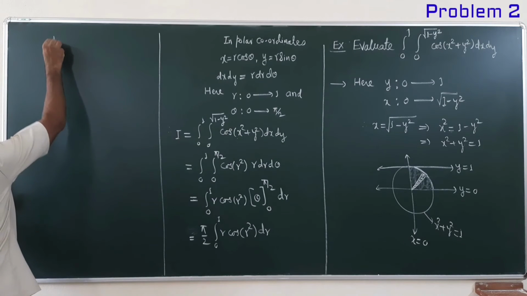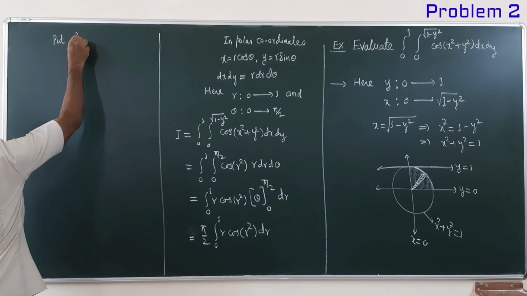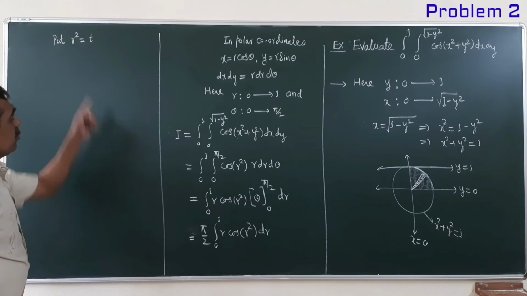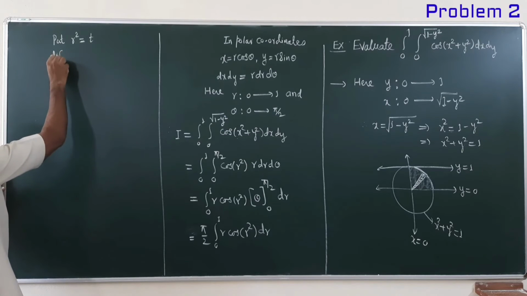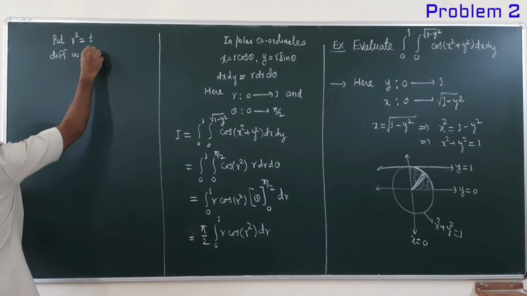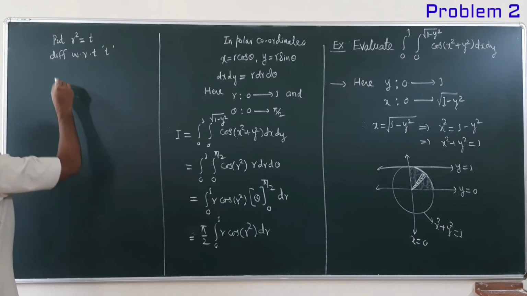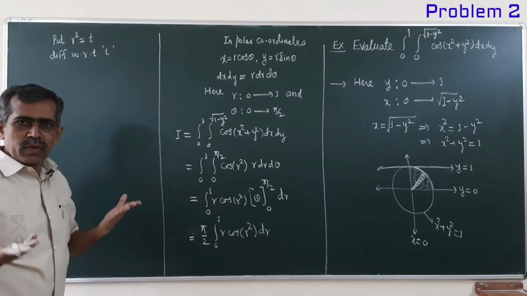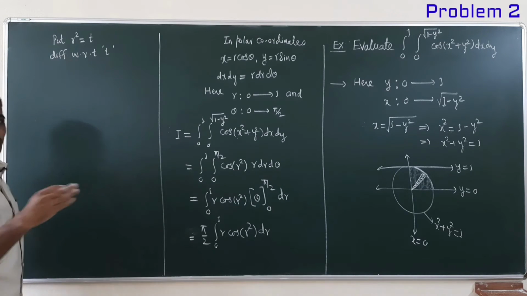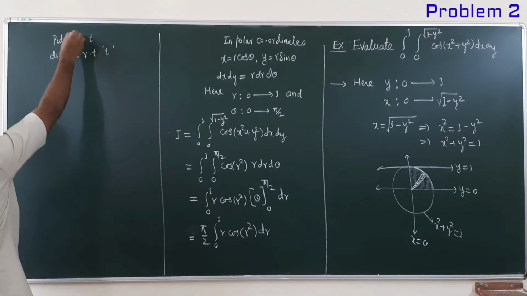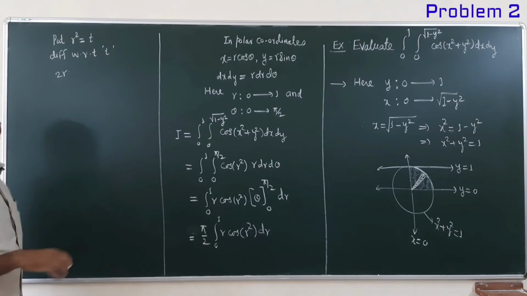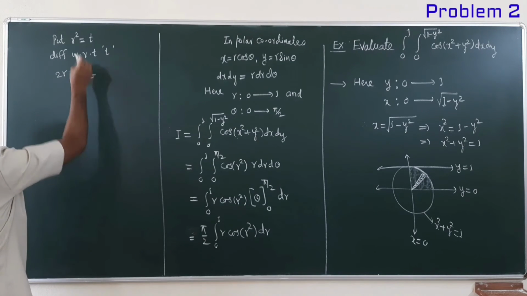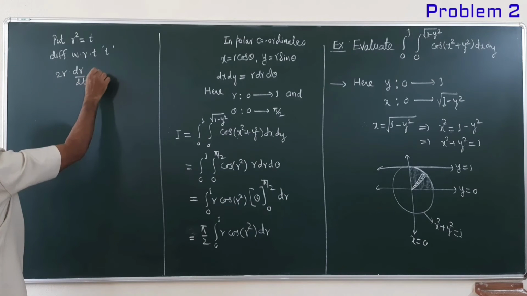Put r square equal to t. Differentiating both sides with respect to t, the derivative of r square is 2r into dr by dt, equal to the derivative of t, which is 1.